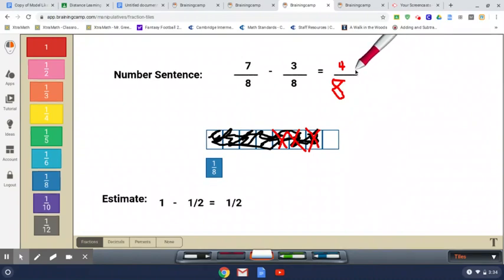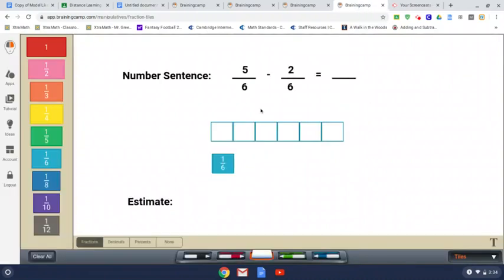And we know now that 4/8 is the same as a half. So our estimate and our number sentence are jiving there. So 4/8 would be our answer, or we could simplify that fraction to be a half, because 4 is half of 8.